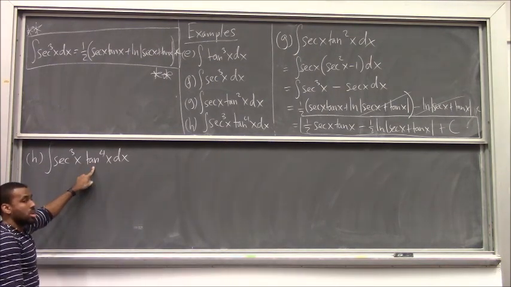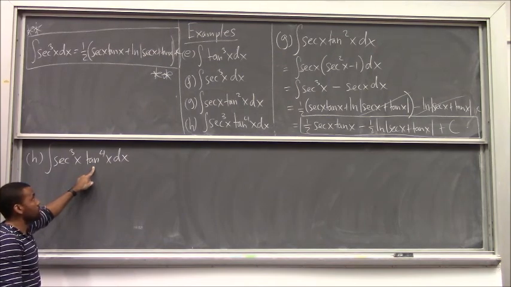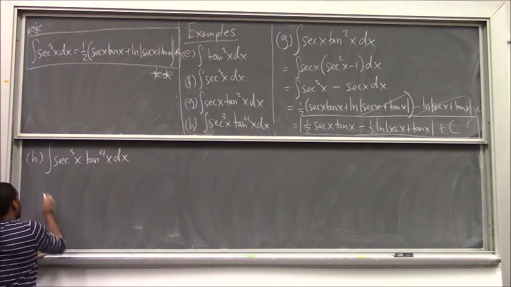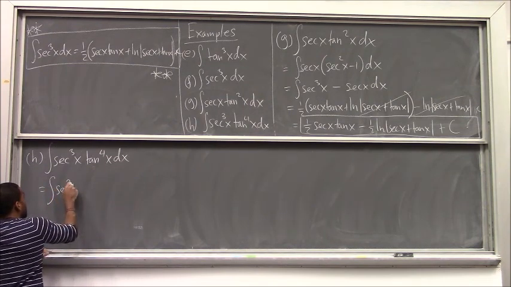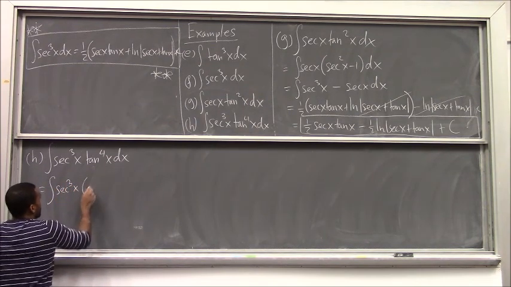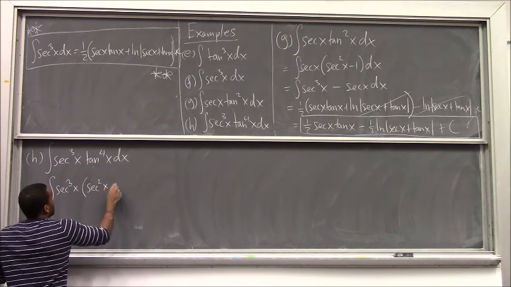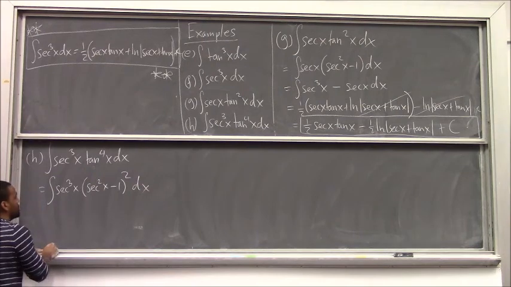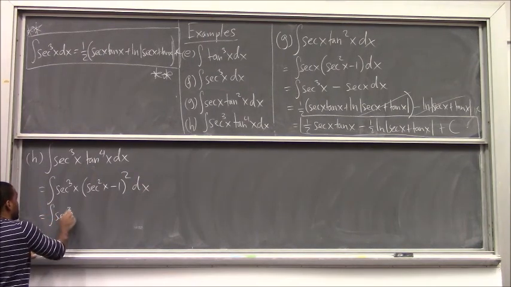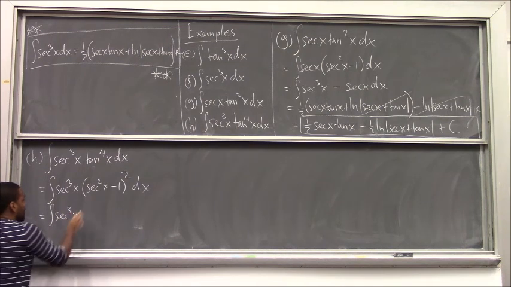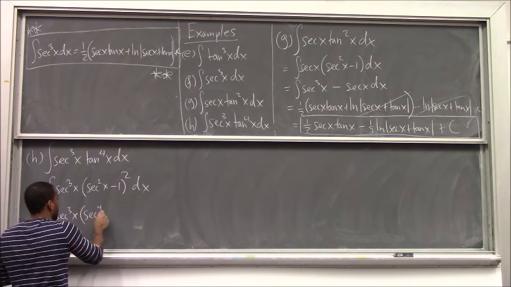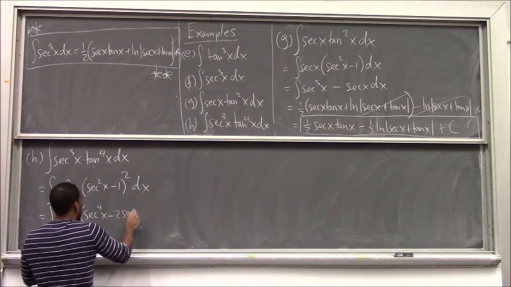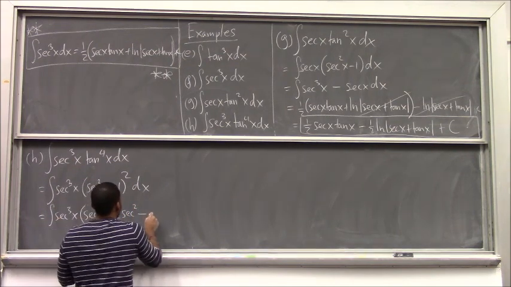Do tangent squared, two tangents squared. Okay. So you're going to end up having secant cubed times secant squared minus 1 squared. So that's going to be secant to the 4th minus 2 secant squared plus 1.